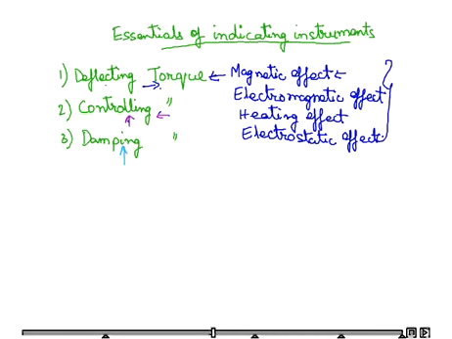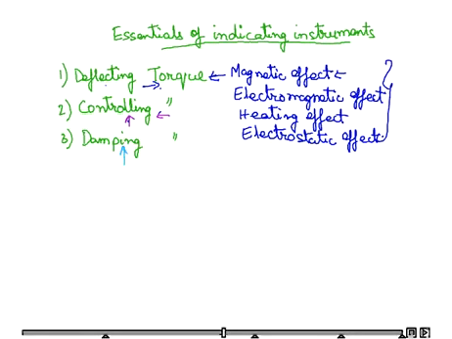But due to inertia, the pointer oscillates around its final position before coming to rest. These oscillations are undesirable. Therefore, in order to avoid them and to bring the pointer quickly to its final deflected position, damping torque is provided.